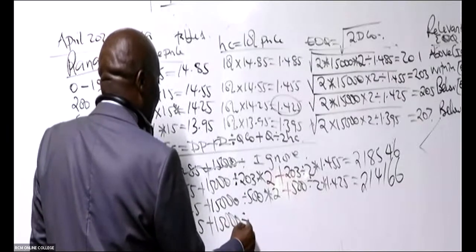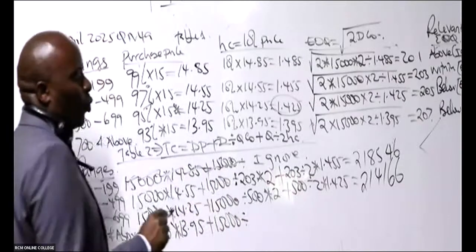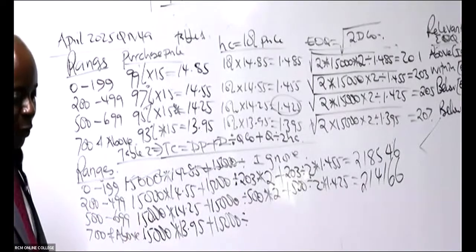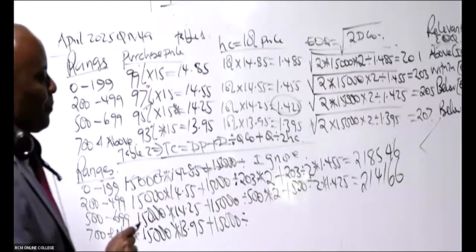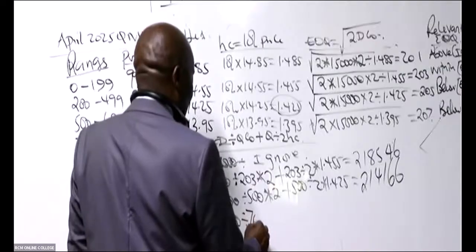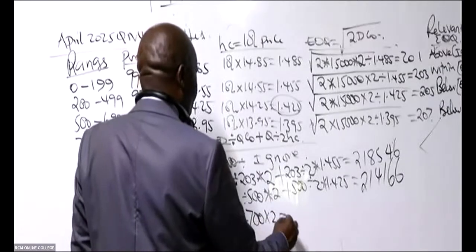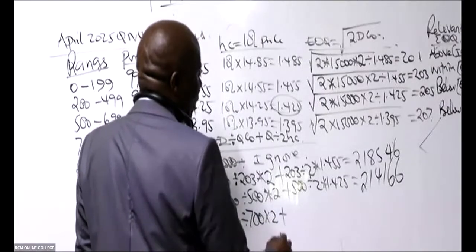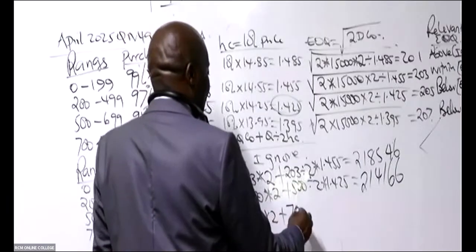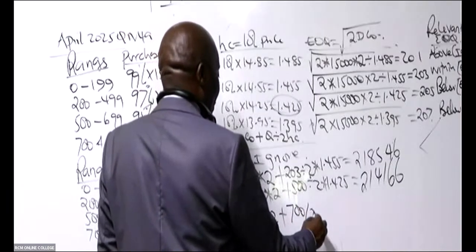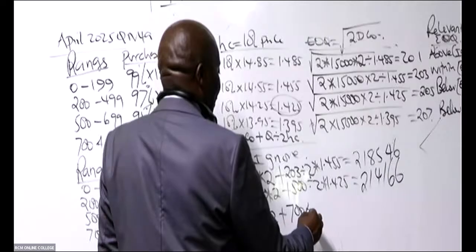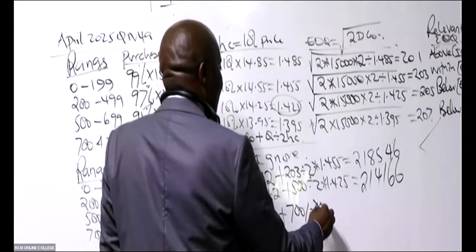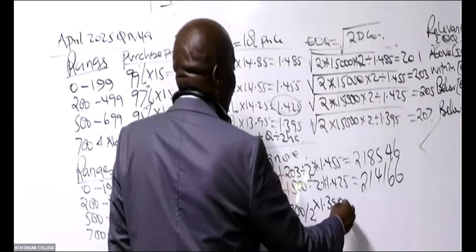We divide this by EOQ for the fourth one. What is the EOQ for the fourth one? 700. 700 times the cost per order, which is 2, plus, in this case, quantity over 2, so 700 divided by 2, times, in this case, 1.395.